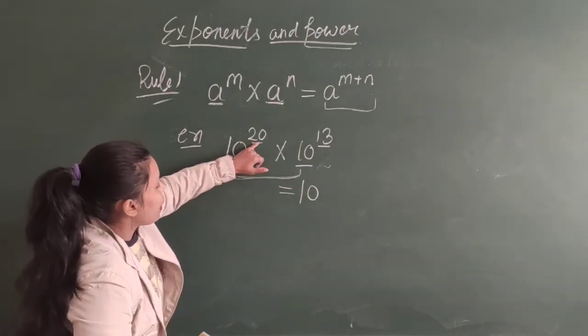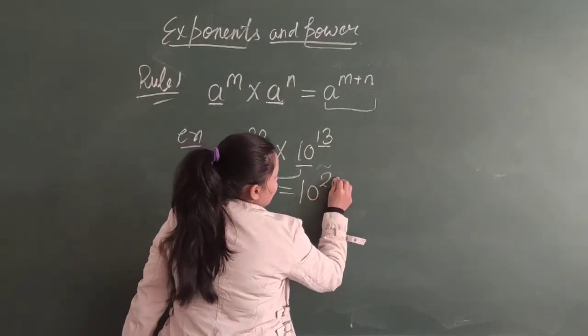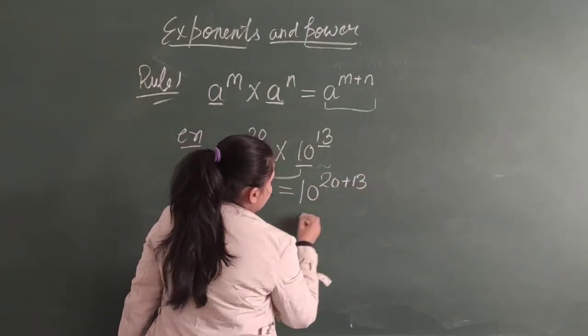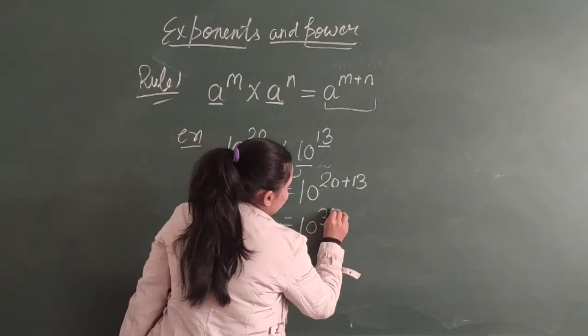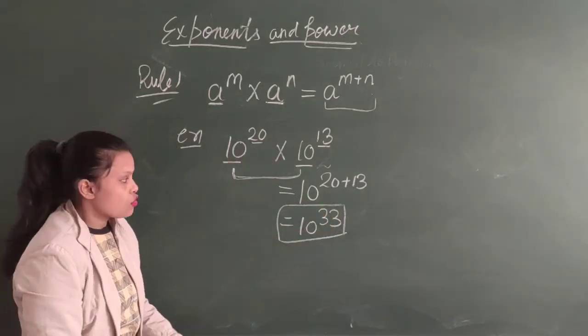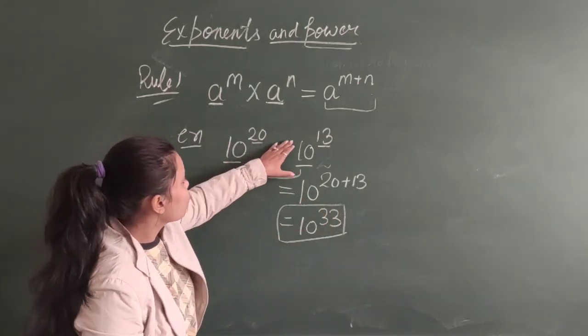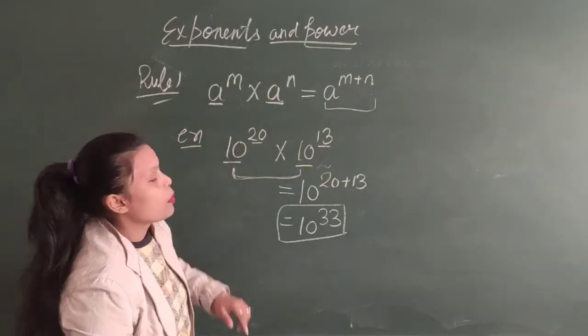That is why the powers will get added. 20 plus 13. It will give you 10 raised to power 33. So this is the way we deal with the greater powers. This is rule number 1.